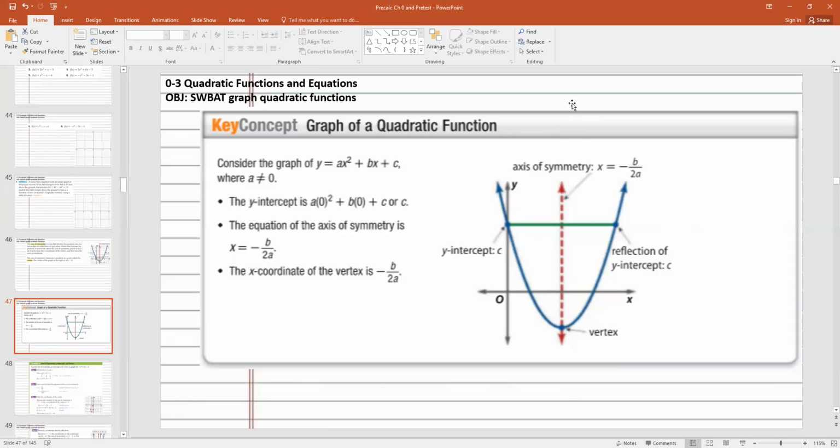So I will discuss this in the next video. If you can't wait, our axis of symmetry is x equals negative b divided by 2a. X equals negative b divided by 2a. All right, and we will look at that tomorrow.